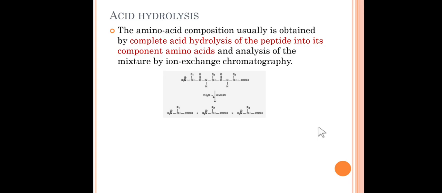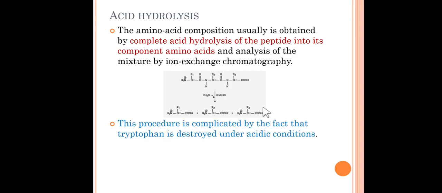So complete acid hydrolysis of that peptide into component amino acids is carried out, and that mixture is identified by ion exchange chromatography. As you can see here, this is one peptide unit, and after hydrolysis with 6 molar HCl, it is fragmented into different primary or basic units of the amino acids.